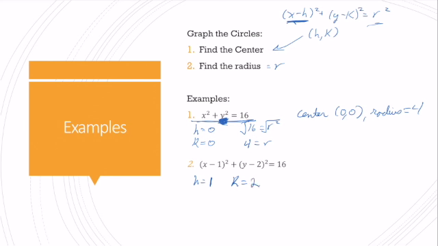And my radius, r squared, is 16. Well, the square root of 16 is 4, so r is 4. So this has a center of 1, 2, and a radius equal to 4.